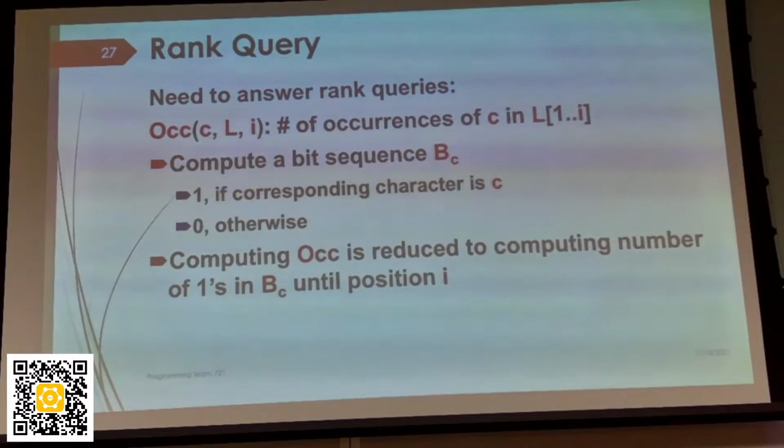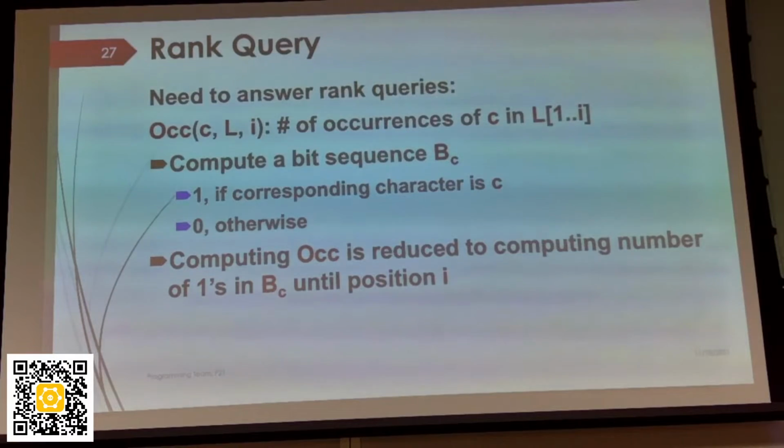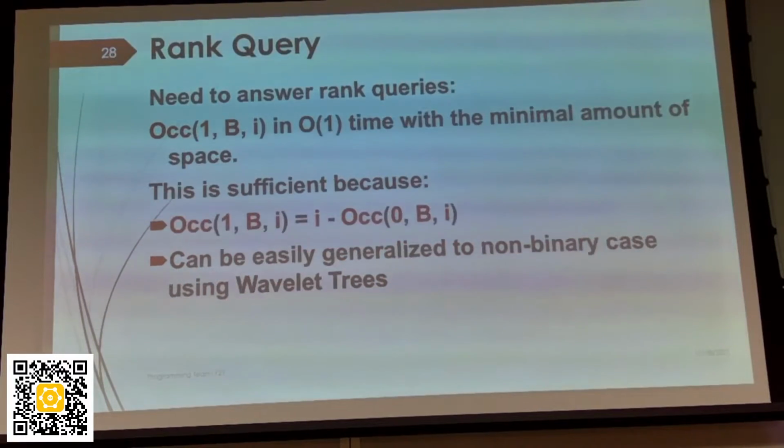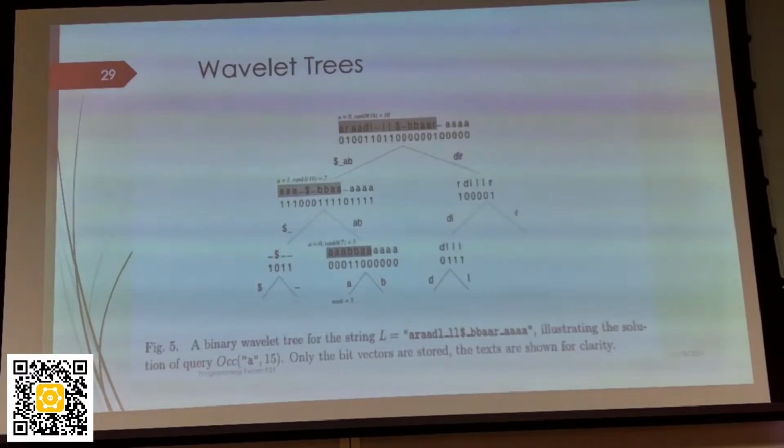Yeah. Here's another interesting question. What if I want to find the number of occurrences of a pattern in a text, or in some part of the text? Or what if I want to find the first occurrence, or what if I want to find the third occurrence, and things like this. So I can make hard problems, and many of these suffix arrays are actually quite reasonably good at it.